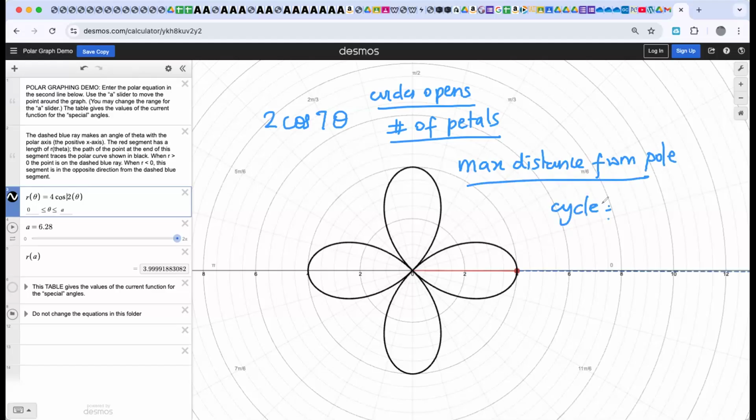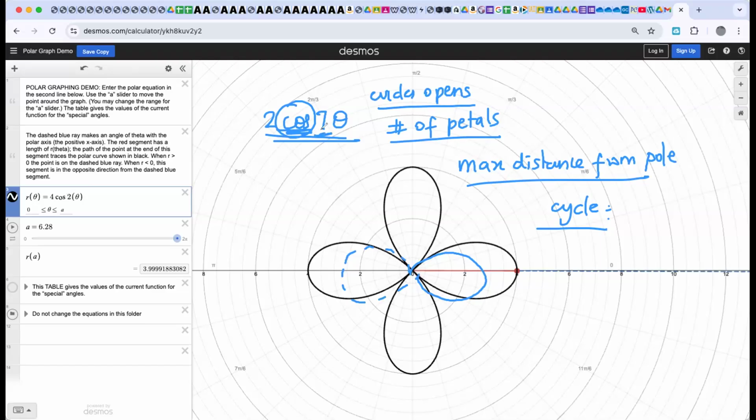Okay, you help me, guys. You're going to tell me. Circle opens where? 2 cos 7 theta. Right, left, up, down. Which one is it? Doesn't it open to the right? Cos means it opens to the right. When there is a minus, it becomes this way. You got it?